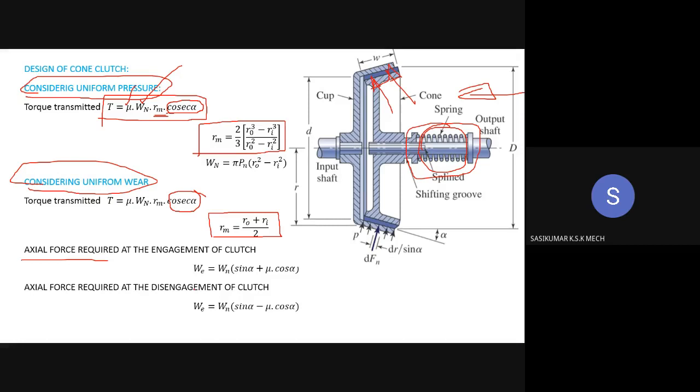For both the cases, you need to have some force. During engagement, you should use this relation. During disengagement, you should use this relation. As far as the design of clutches is concerned, you have to use only these two relations. Ultimately, you will be finding out the torque transmitted by that clutch.